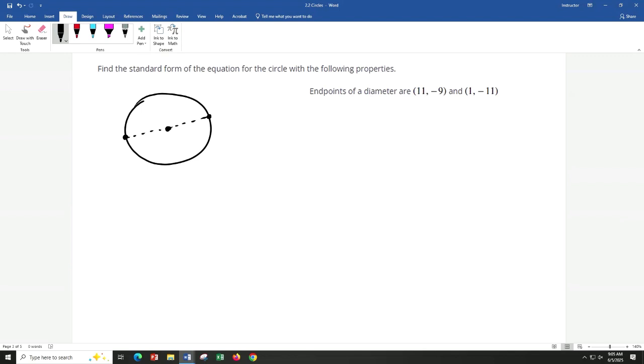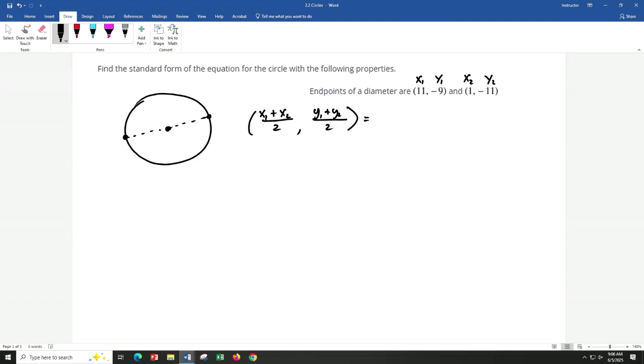Midpoint formula. I've got 2 points here. I've got x1, y1, x2, y2. Midpoint formula says this: you're gonna have x1 plus x2 divided by 2. I apologize, I don't know what's wrong with my voice today. Then you're gonna have y1 plus y2 divided by 2.